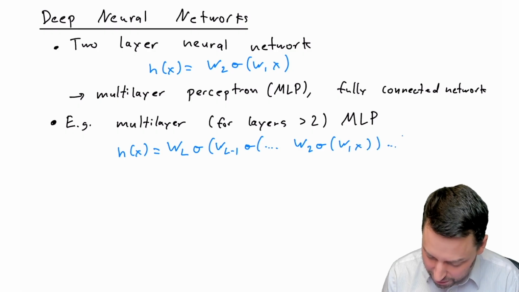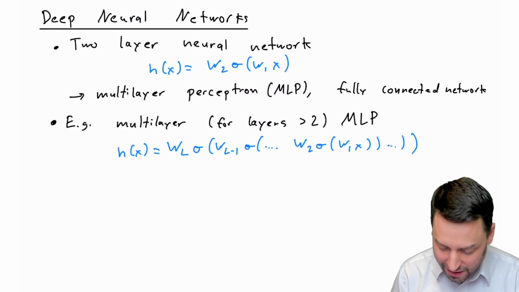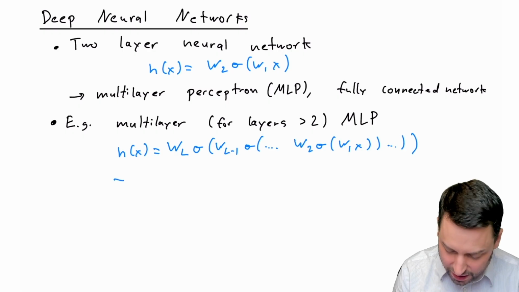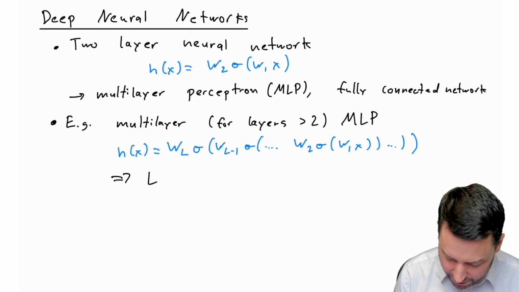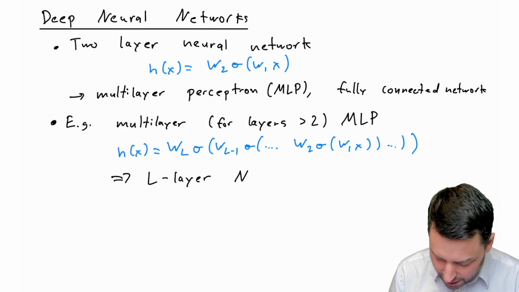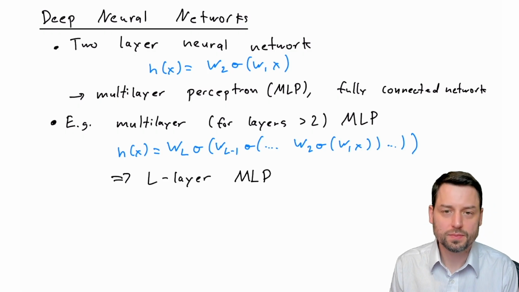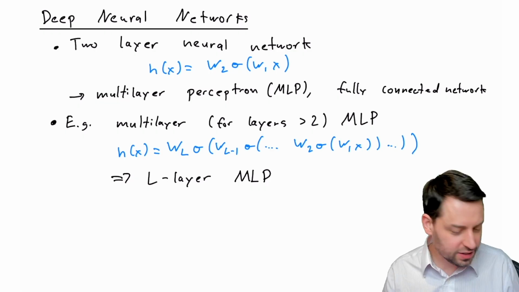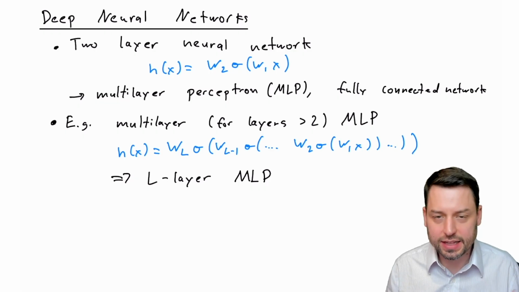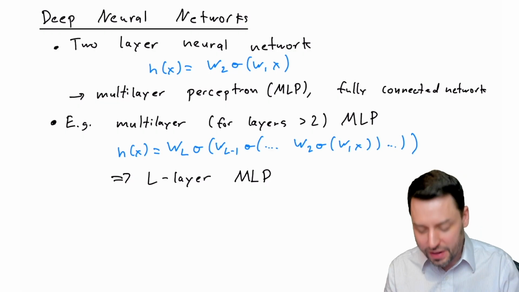And you would just repeat this same thing many, many times. This would be an L-layer MLP. You can define this recursively and define intermediate terms.